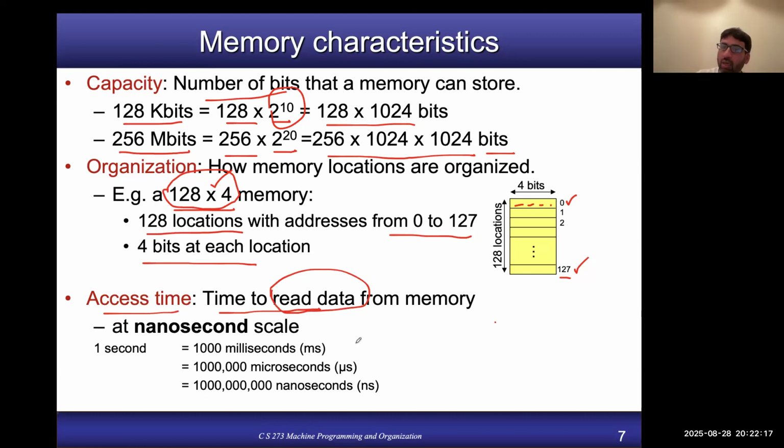Typically, the time it takes to write data to the memory is not important from the perspective of the CPU. Why?